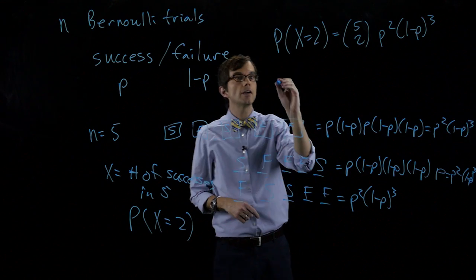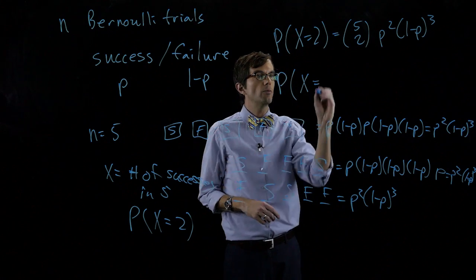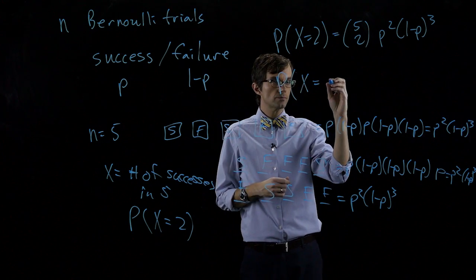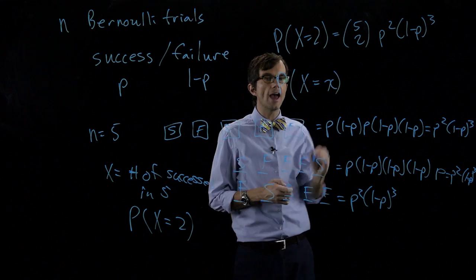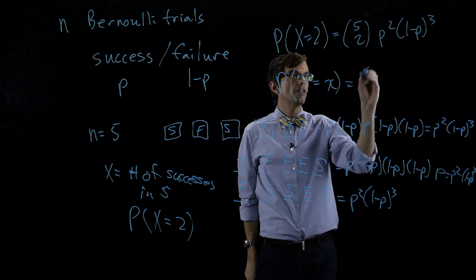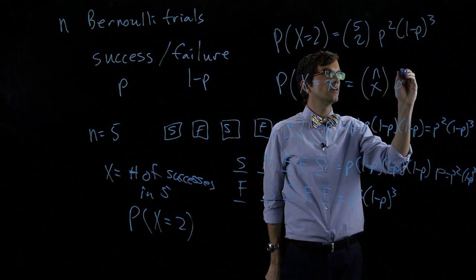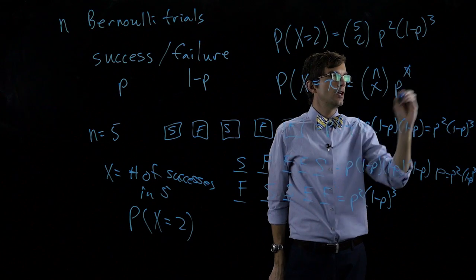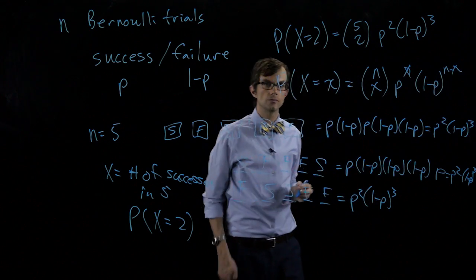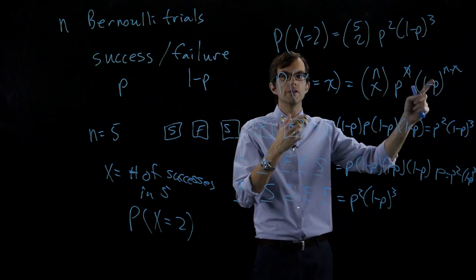Generally speaking, if we have a random variable x, and we want to find the probability that x equals little x, where we have n Bernoulli trials, that is n choose little x, p to the little x, 1 minus p to the n minus x. This is the binomial distribution.